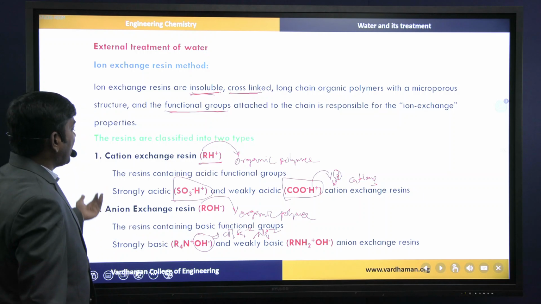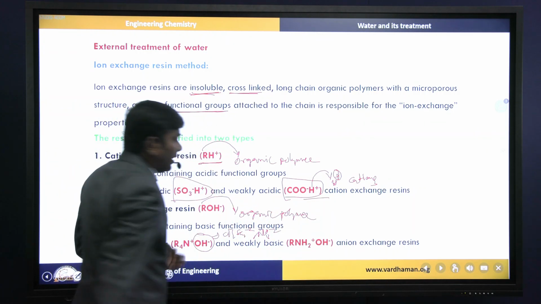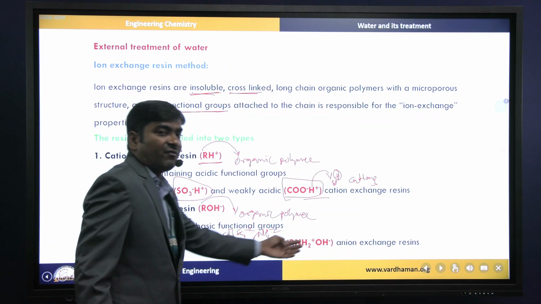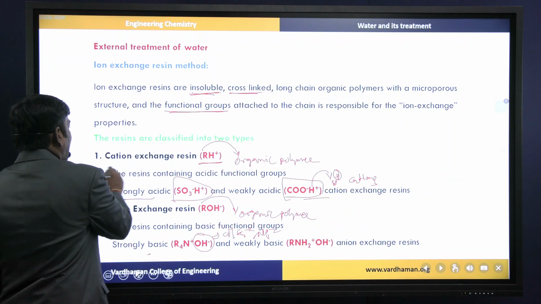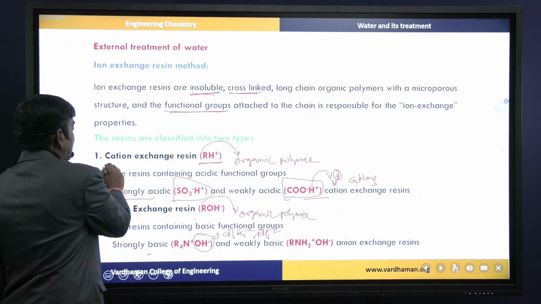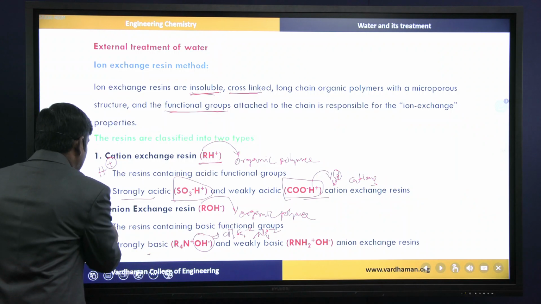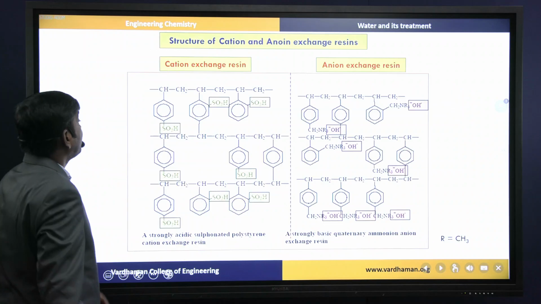Again, strongly acidic and weakly acidic, and in anion exchange strongly basic and weakly basic functional groups are available. The important points are that in the cation exchange resin, H plus ions are exchangeable, and in the anion exchange resin, OH minus ions are exchangeable.